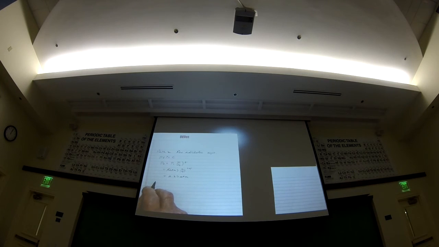Now we know that TV to the gamma minus 1 is equal to a constant. Therefore, T2 is T1 times V1 over V2 to the gamma minus 1.